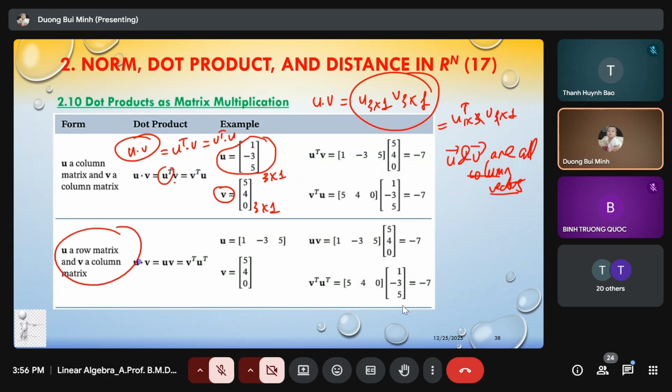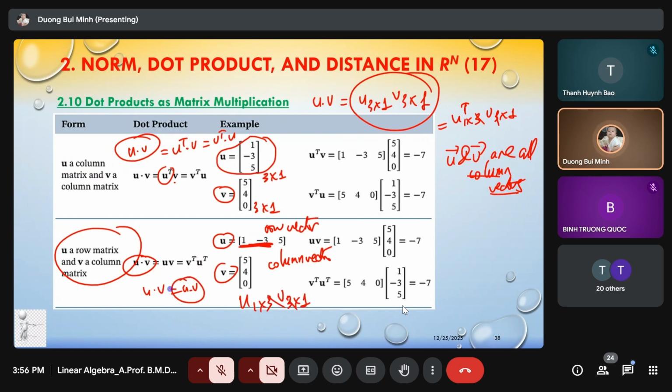Now we also have the dot product u dot v where u is a row vector and v is a column vector. When we take u dot v, it equals u times v, because for u we have 1 row and 3 columns, for v we have 3 rows and 1 column, so you get u dot v.